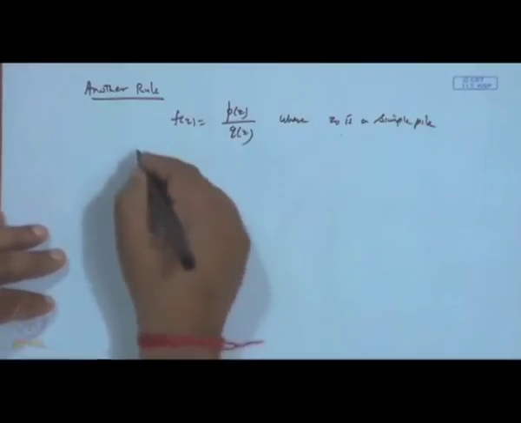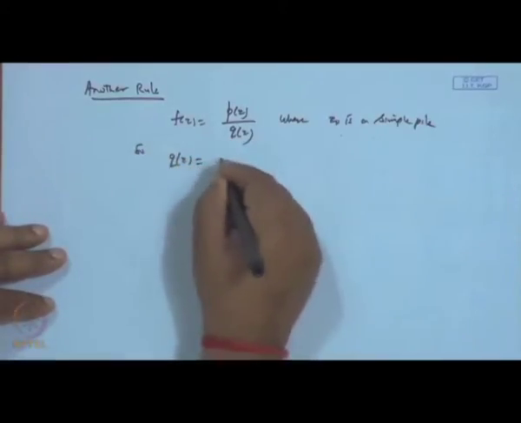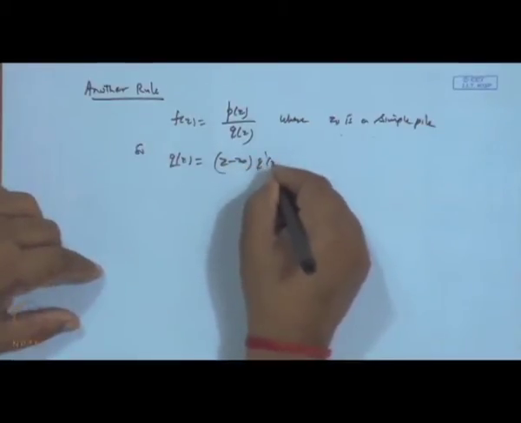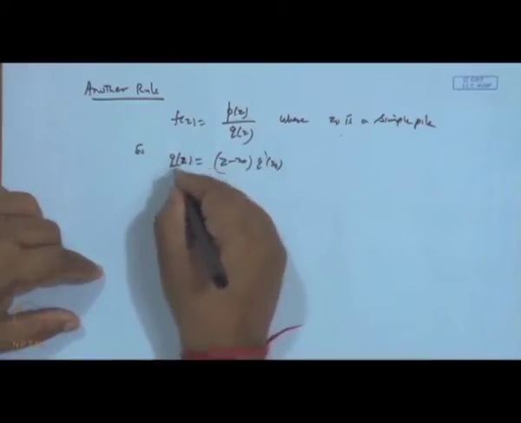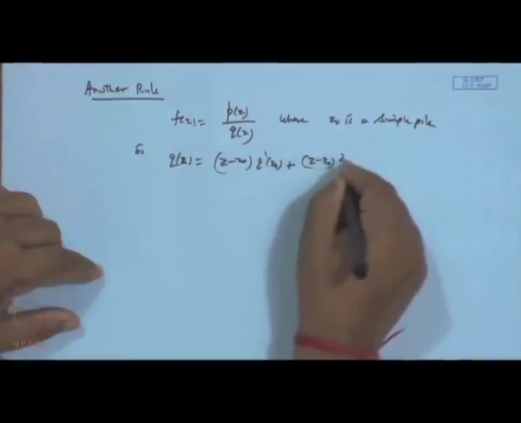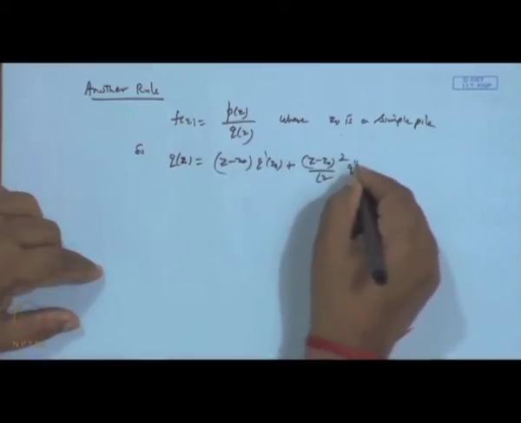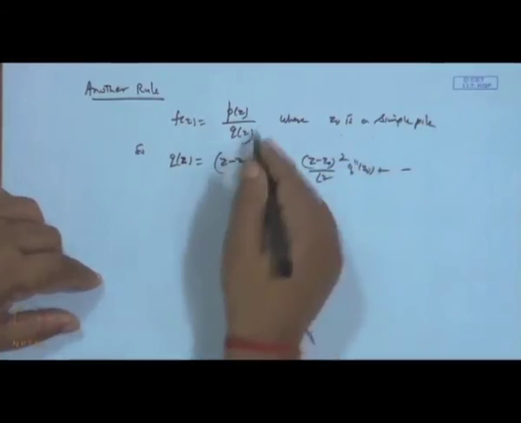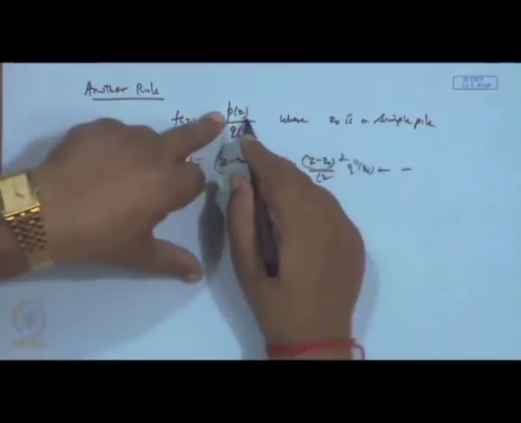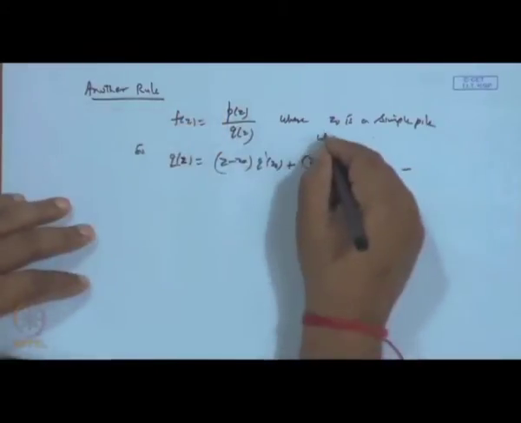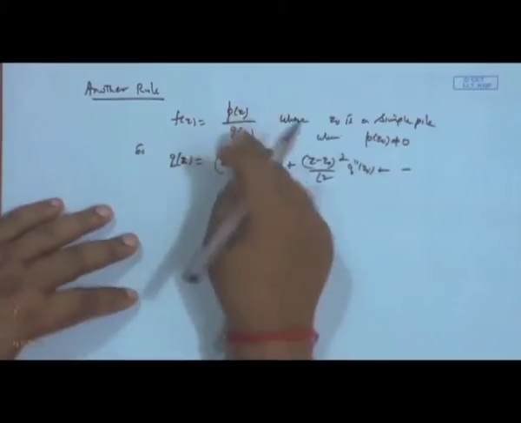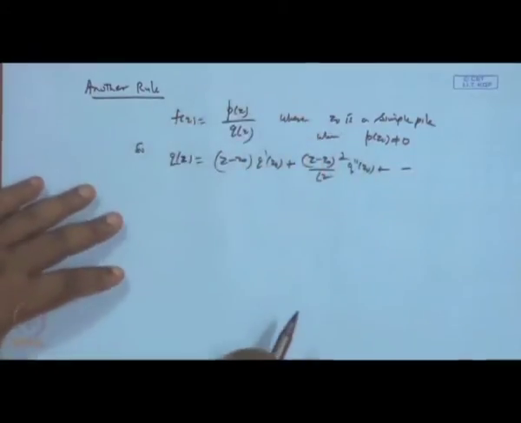So q(z) will have the expansion (z minus z naught) into q prime of z naught, because when z approaches z naught, q(z naught) must go to 0, plus (z minus z naught) whole square by factorial 2 into q double prime of z naught, and so on. Also we have assumed that p of z naught is not 0. Otherwise, it will go to the identity function, the 0 function.